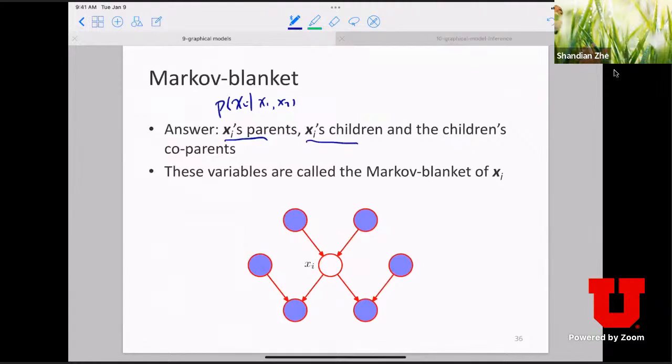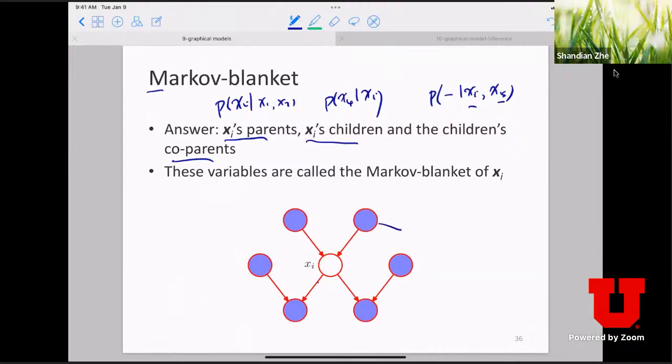Or Xi's children. If you have a conditional probability which is conditional on Xi and something like X4, X4 is coupled with Xi. Or the children's co-parents: you have Xi and co-parents like X5, and X5 and Xi are coupled. So all those variables constitute the Markov Blanket. If you look at the network structure, the Markov Blanket is just those shaded nodes: all the parents, the children, and the co-parents.